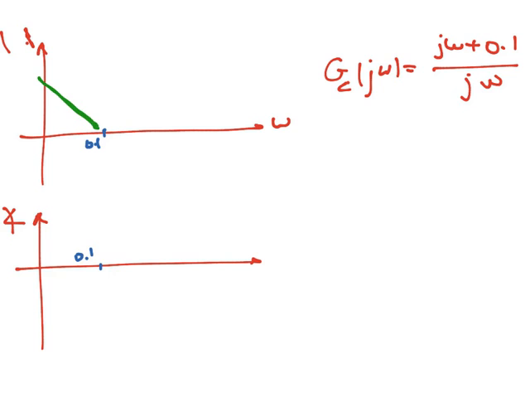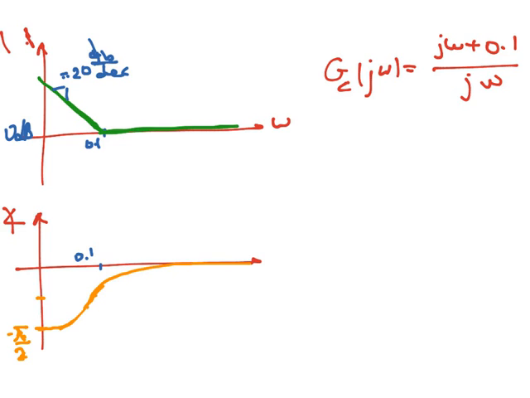And here we will have the amplitude for the Bode plot at minus 20 dB at the beginning, and then 0 dB for high frequencies. Regarding the phase, we will start with minus pi over 2 and then gradually go towards 0 degrees.